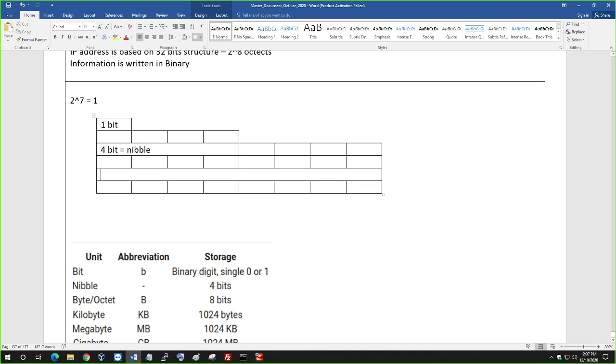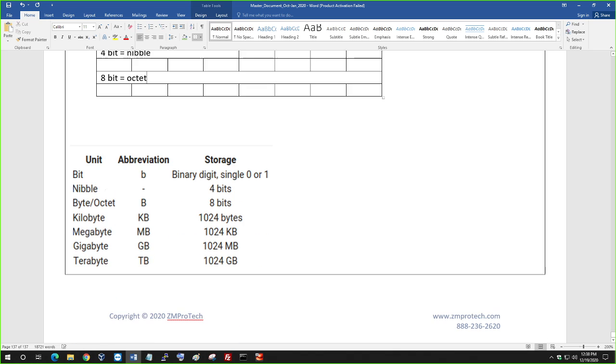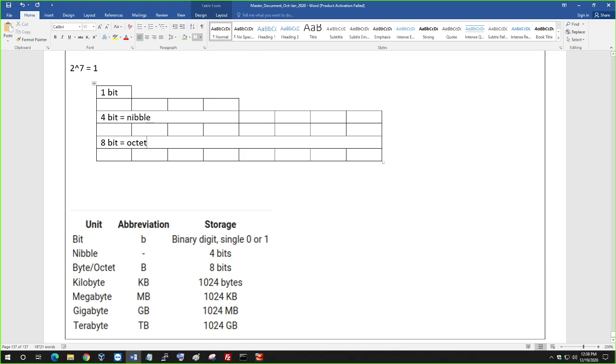This is an 8-bit octet. It's called an octet because it represents 8, and this is where it equals 1 byte.